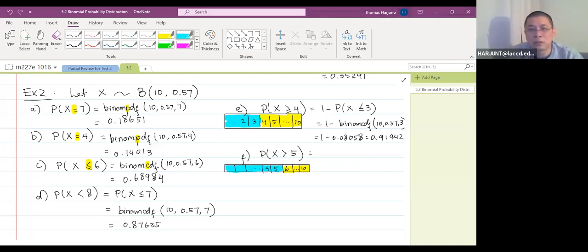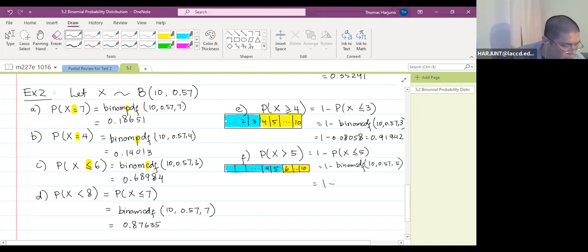So this is 1 minus the probability that x is up to 5. It's 1 minus binomcdf(10, 0.57, 5). I get 0.44361, so the answer is 0.55639.